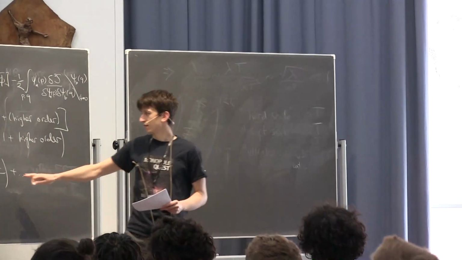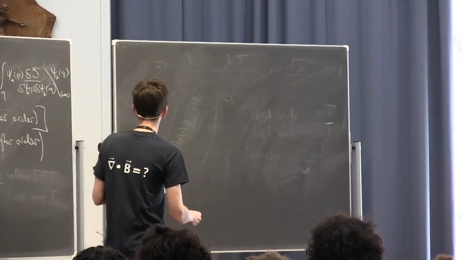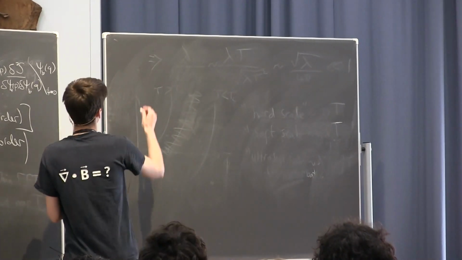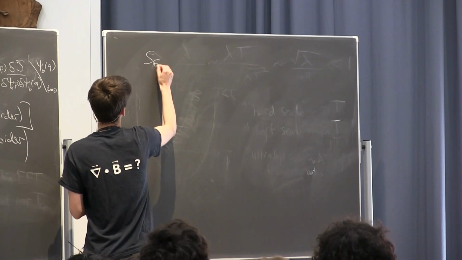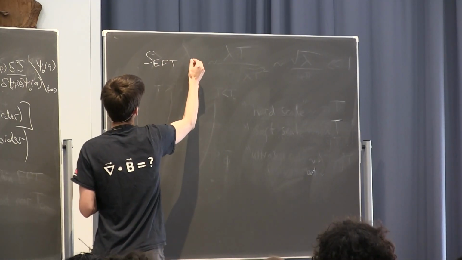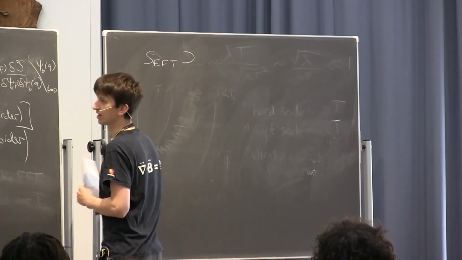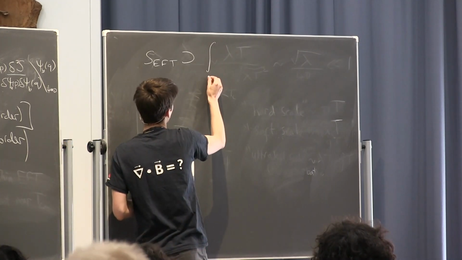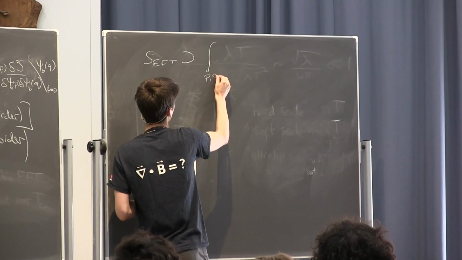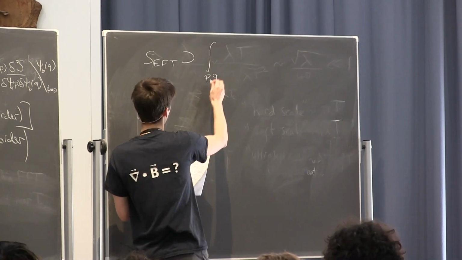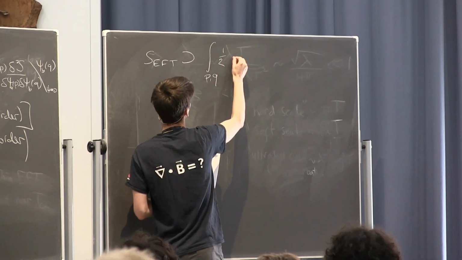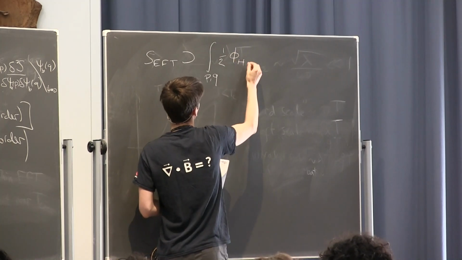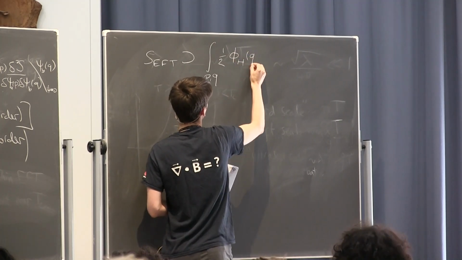For scalars, this is fairly straightforward. If I expand my EFT and look at the terms quadratic in the scalars, for example, I have one that looks like this in Fourier space. These are 3D p's and q's. I get a half. I have a Higgs term.